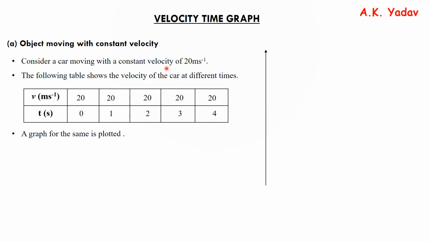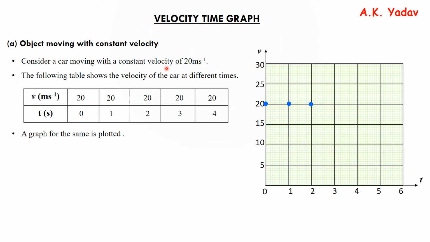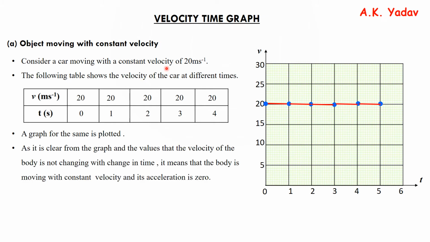Now we will plot it on the VT graph and what we get is a straight line parallel to the time axis. It is clear from the graph and the values that the velocity of the body is not changing with change in time, that means the body is moving with a constant velocity and its acceleration is 0.